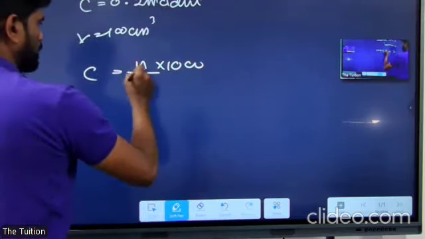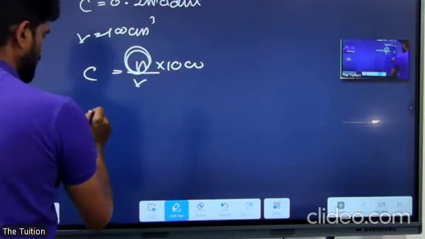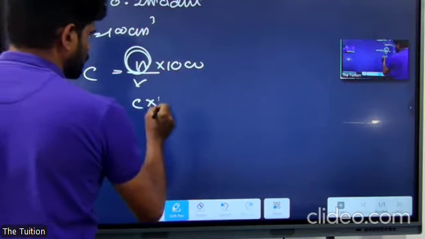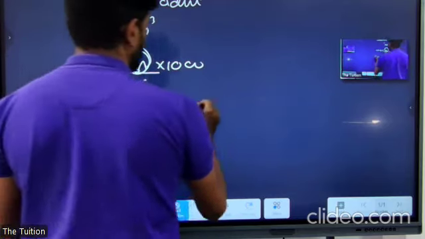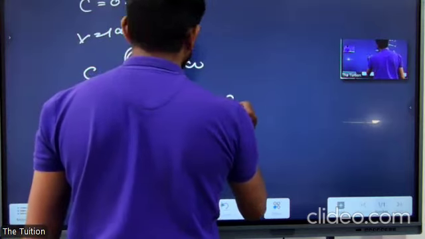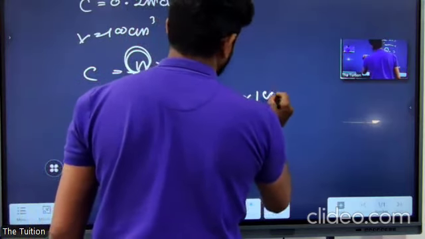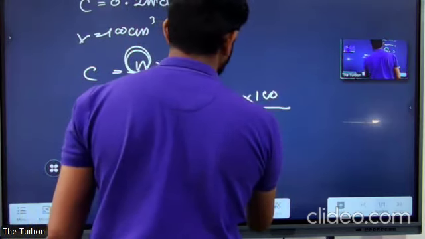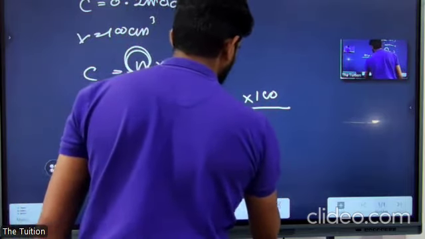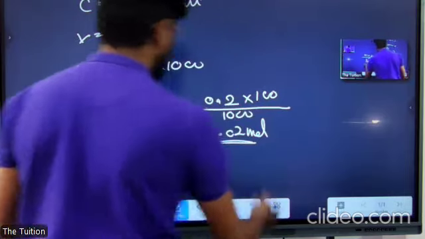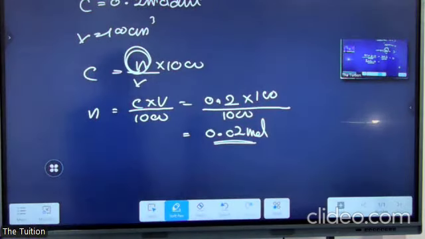Okay? Right? What we are asked is n equal C into V divided by 1000. C means 0.2 into 100 divided by 1000. The mole is 0.02. This is the mole. Right?